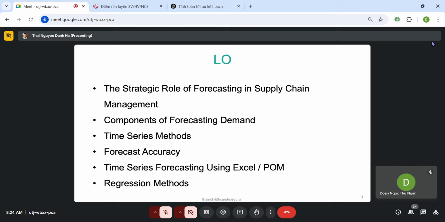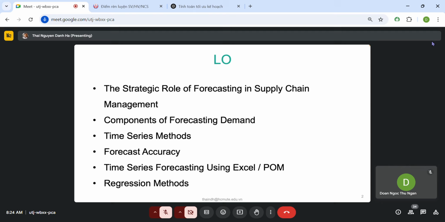Next, how many components we have in forecasting demand. And there are a lot of techniques here. We focus on the technique we call the time series method, which is a very popular method that most companies use.